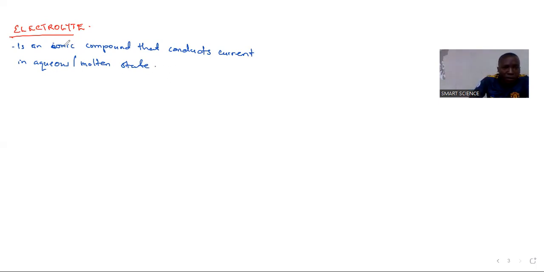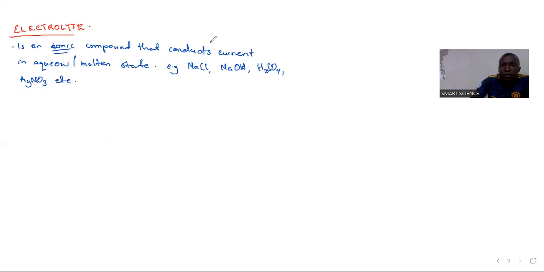If it is supposed to be ionic, it means we are only going to look at ionic compounds, e.g. sodium chloride, sodium hydroxide, sulfuric acid, silver nitrate, among others.